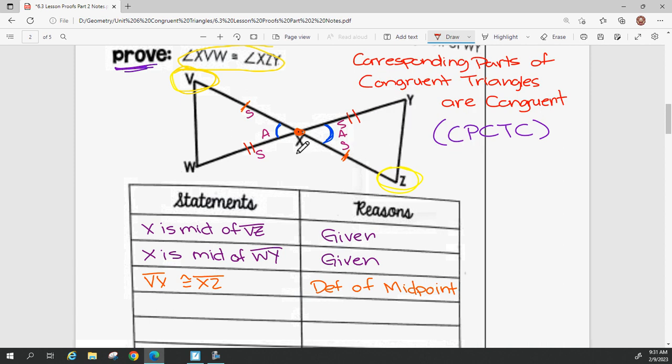Then we marked up these two in red, WX and XY, and we have the same reason. X was the midpoint, so by definition, that midpoint makes two segments that are congruent.